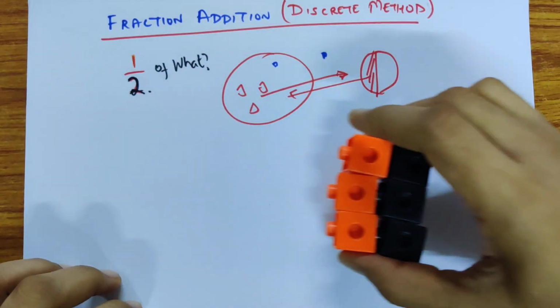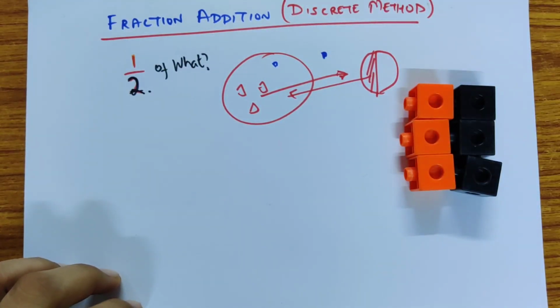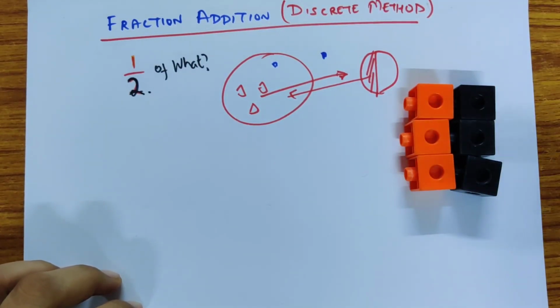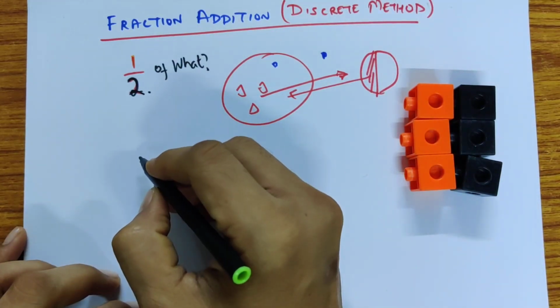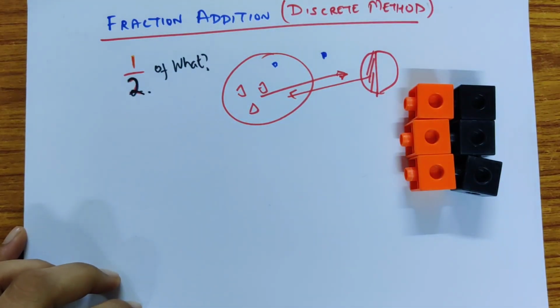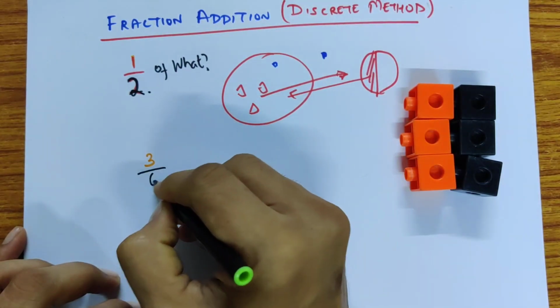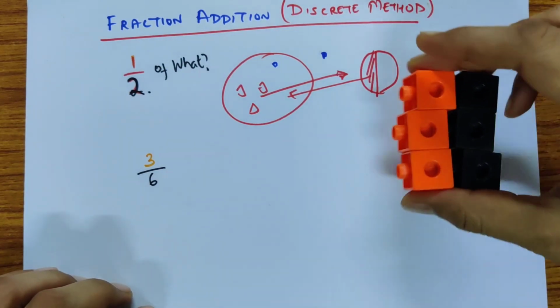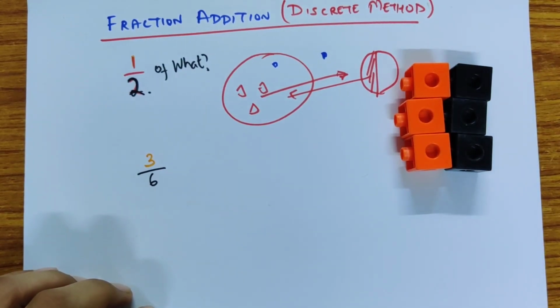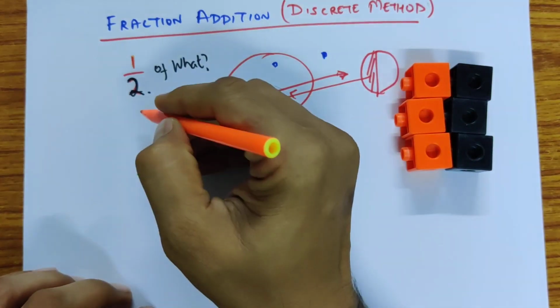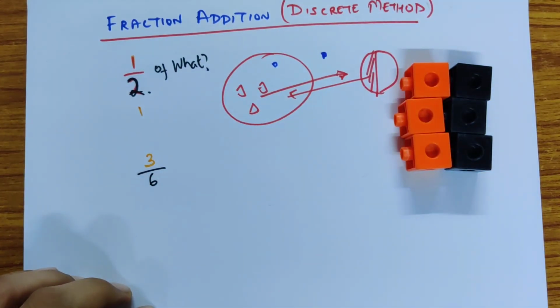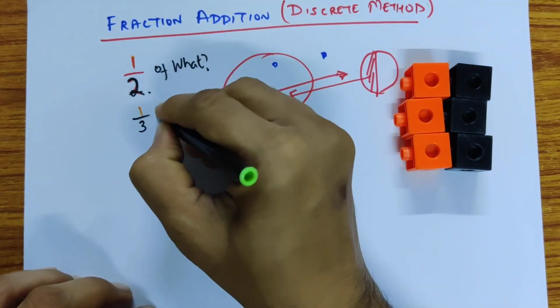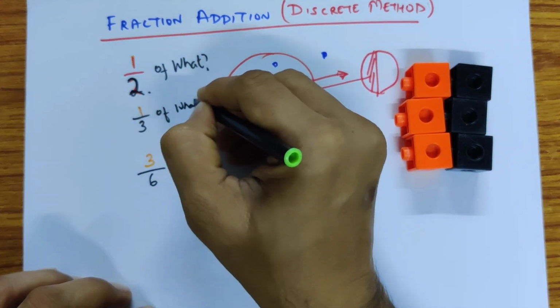So if I say half of 6, then half of 6 is 3 out of 6. That's half of 6. Fine, acceptable. Now let's say I have 1/3. So I have 1/3 of what?